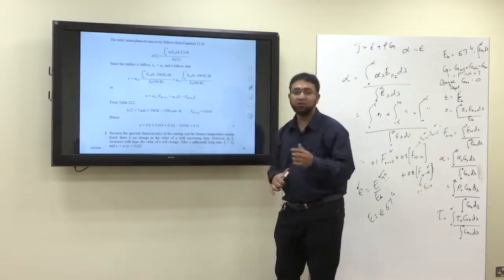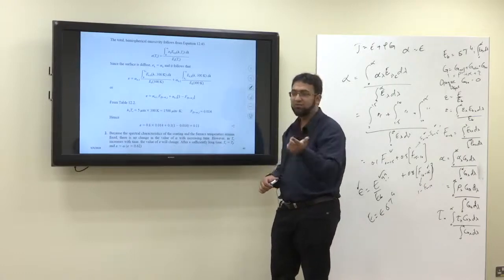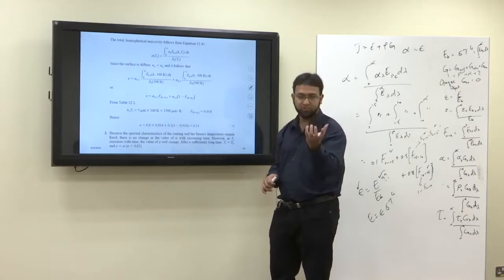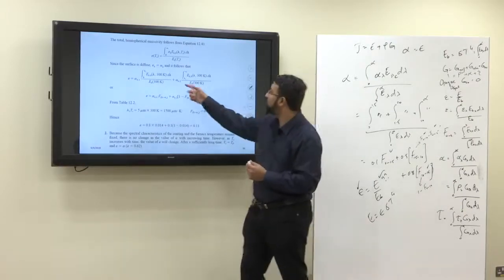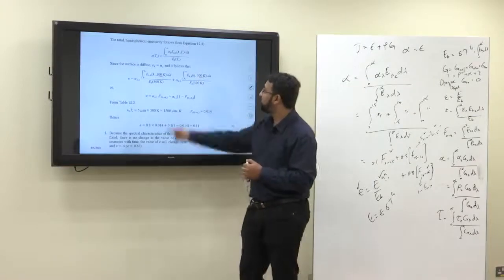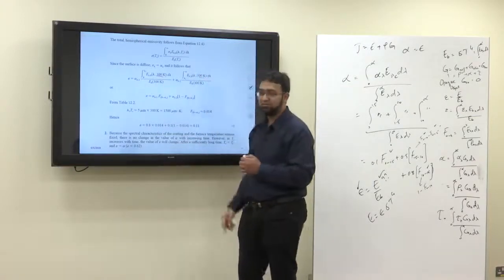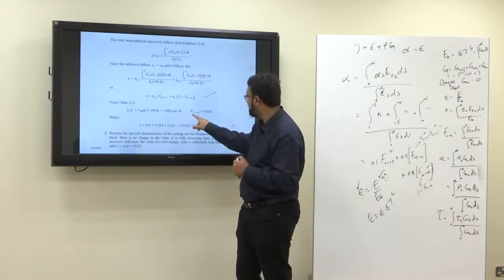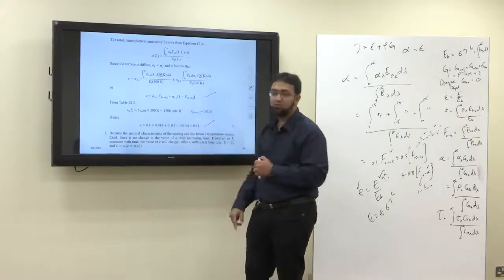Then when we have to talk about the emissivity, it's the same graph, but now we have to use the temperature of the ball. So the temperature of the ball is 300 Kelvin. It's again from 0 to lambda 1 to infinity, and with the same formulation you will get emissivity 0.11.